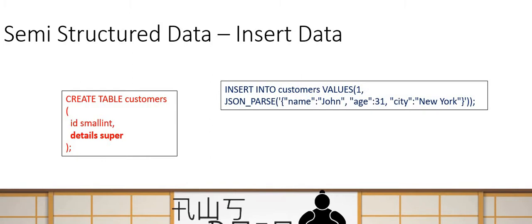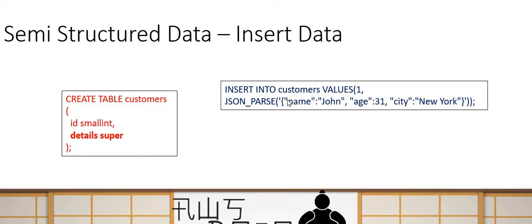For instance, here I'm saying insert into customers values ID 1, and since details can hold JSON documents, we are simply using the JSON_PARSE function, and providing your JSON string under it.